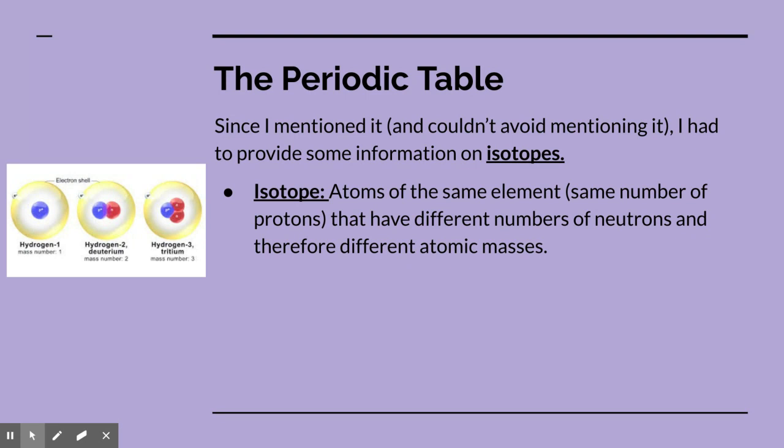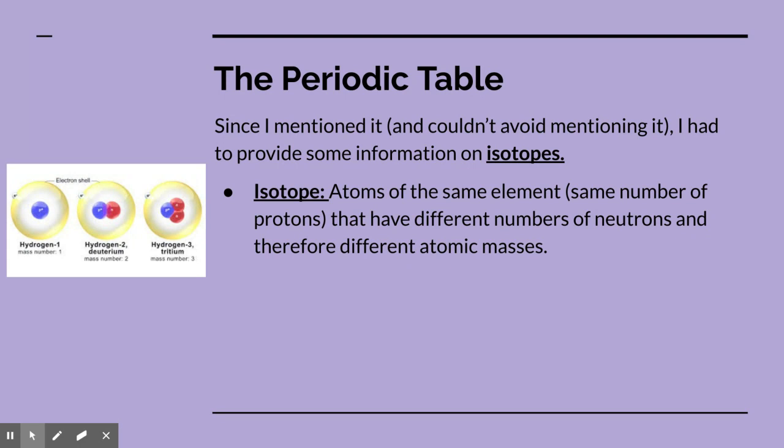We didn't get into mass number, but just realize that it now has more mass to it. Hydrogen 3, in this case, will have 1 proton and 2 neutrons, and now its mass is increased even further. But if you notice, these are all still hydrogen. They all have the same number of protons in here.